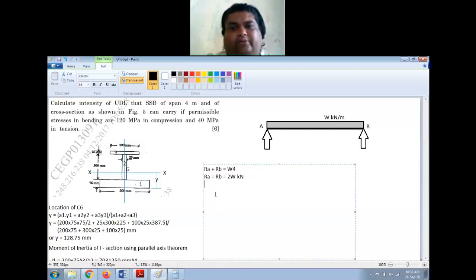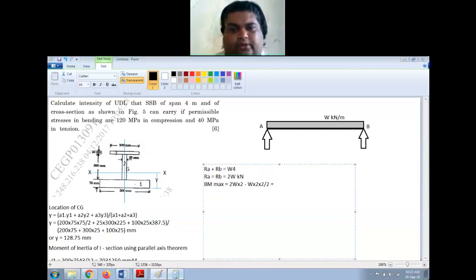I need to find the maximum bending moment. At A and B it will be 0, so the maximum bending moment will be at the center. So BM max is equal to, you can take left side or right side, anything. So reaction is 2W into perpendicular distance 2 meters, minus W into 2 into 2 by 2.